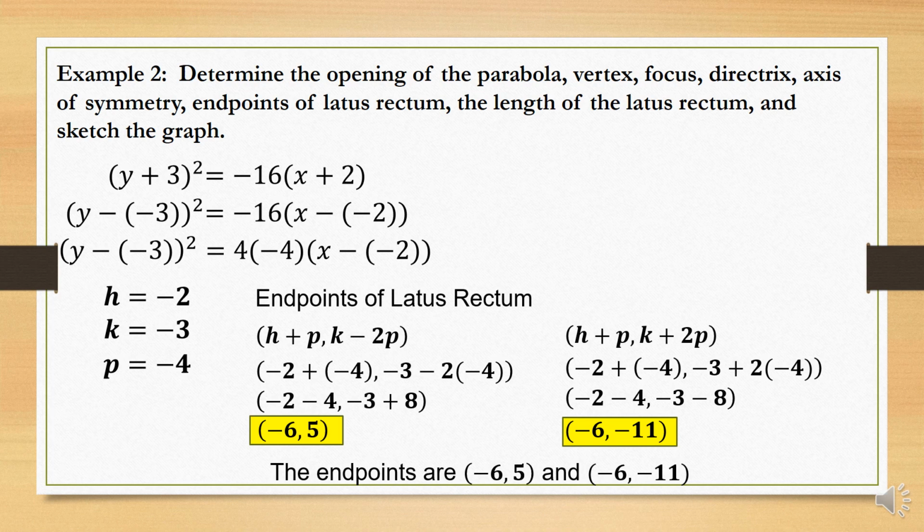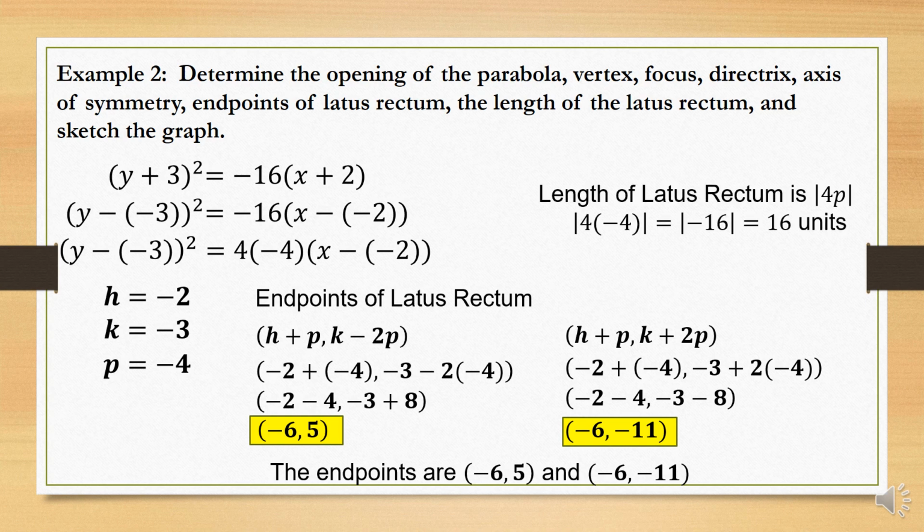Then the endpoints are -6, 5 and -6, -11. The length of latus rectum is the absolute value of 4p. Since p is -4, the absolute value of 4 times -4 is equal to the absolute value of -16. Therefore, the length of the latus rectum is 16 units.